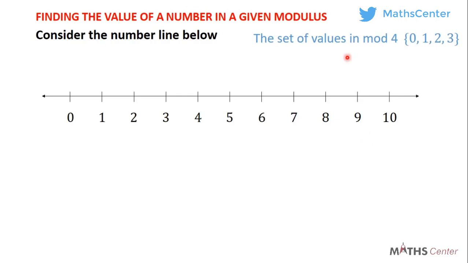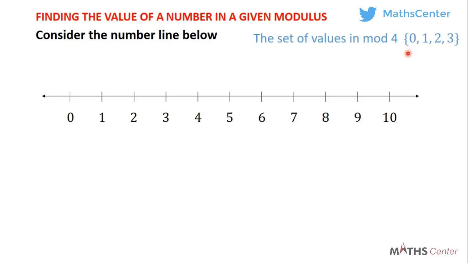This means that the value of any number in mode 4 will be either 0, 1, 2, or 3, because the set of values in mode 4 are 0, 1, 2, and 3.